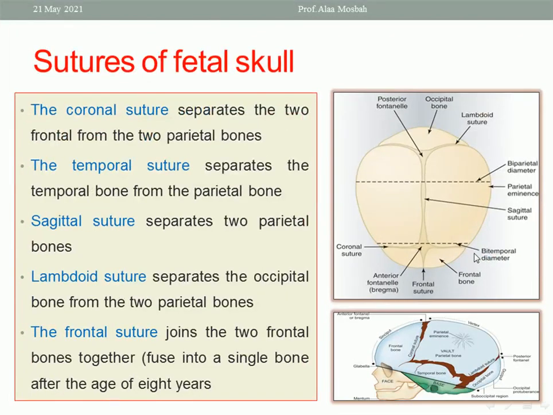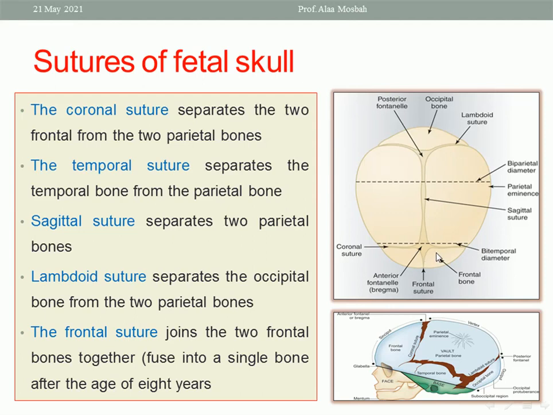What about the sutures? Look at this picture, please. This is the anterior and this is the posterior. Start from anterior to posterior. These are two frontal bones separated by the frontal suture.